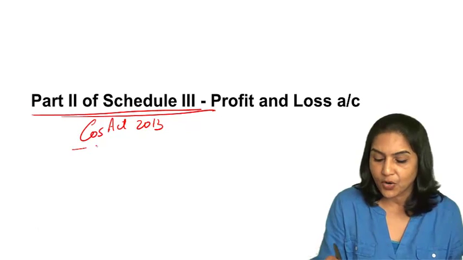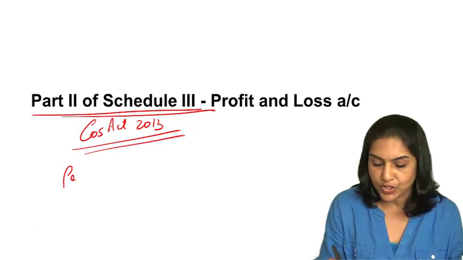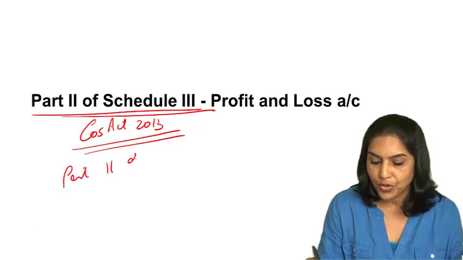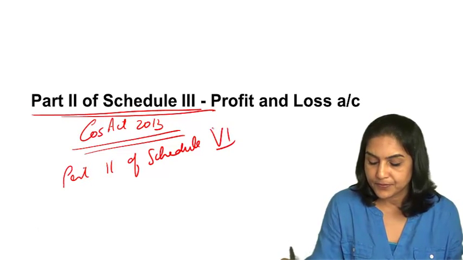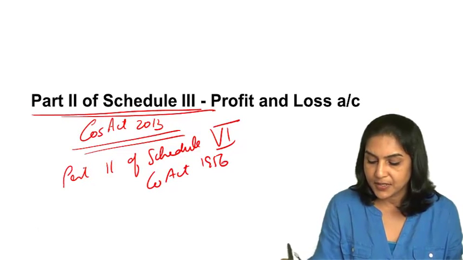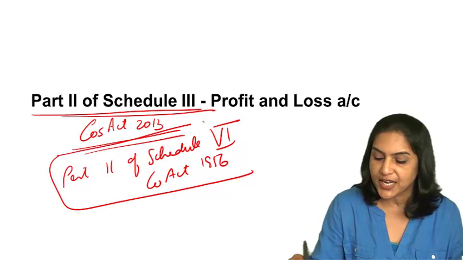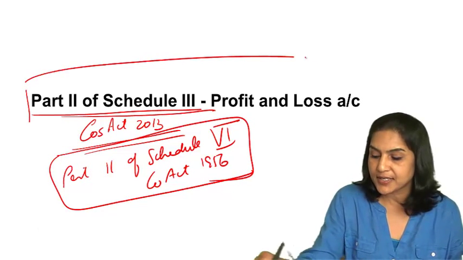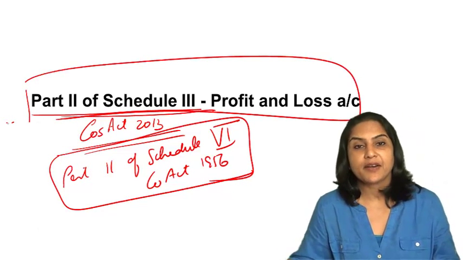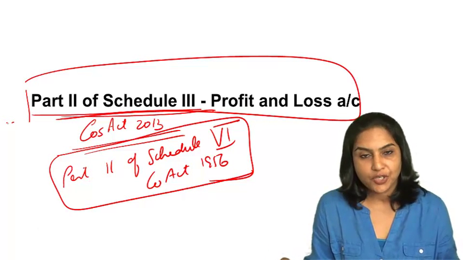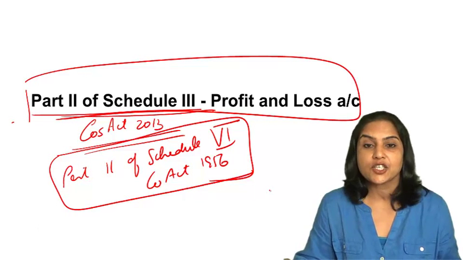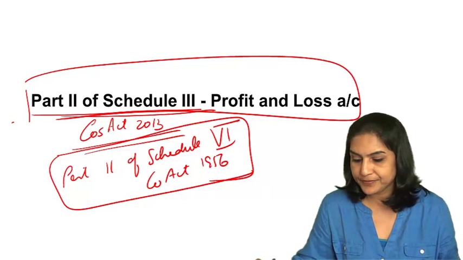I repeat, the old one, the previous schedule, was part 2 of Schedule 6 of Companies Act 1956. But now the formats have changed slightly, and we are discussing this as per part 2 of Schedule 3 of Companies Act 2013.